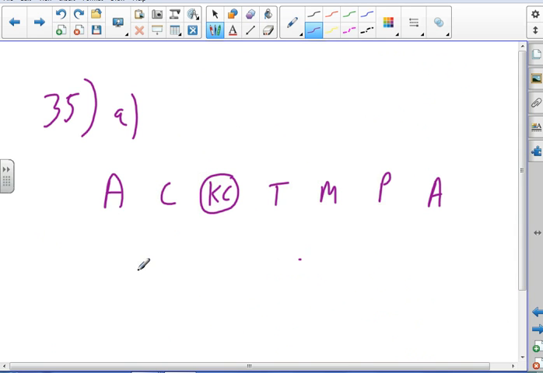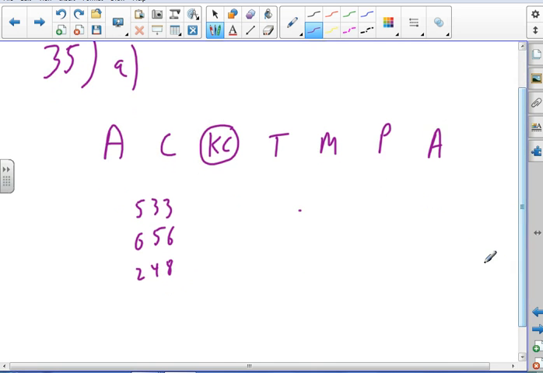35A. Atlanta to Columbus, 533. Columbus to Kansas City, 656. Kansas City to Tulsa, 248.